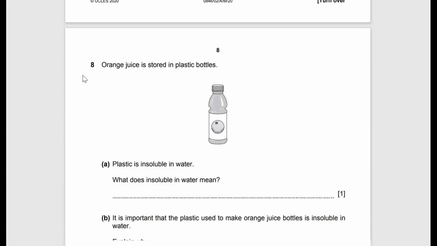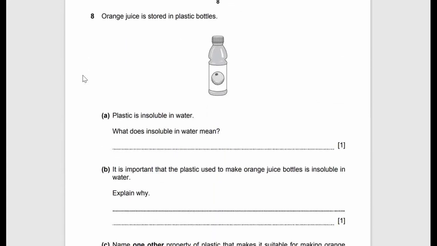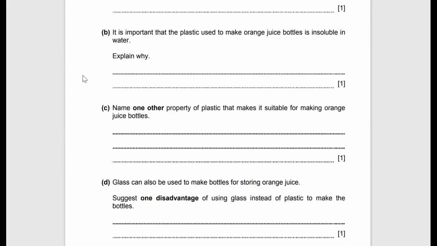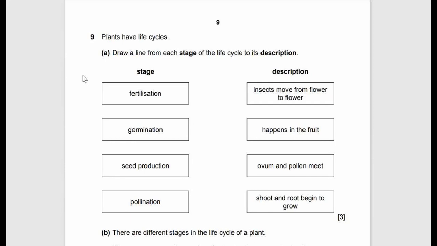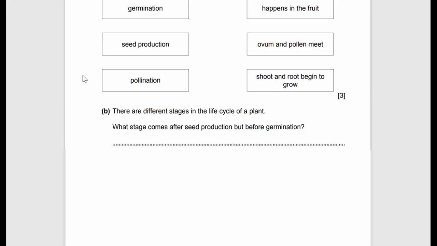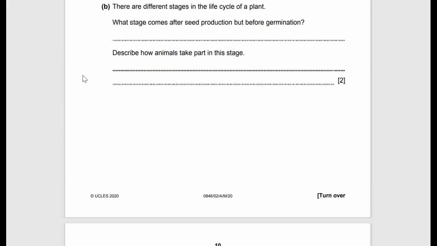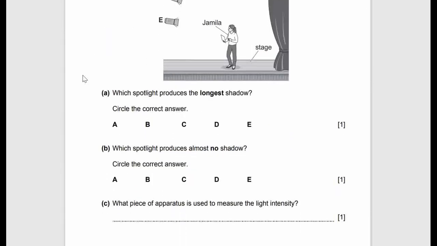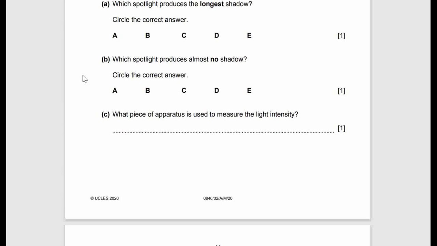This is number 8, A and B, and this is number 8, C and D. And this is number 9, A, 9B. And this is number 10A, 10B, and 10C.